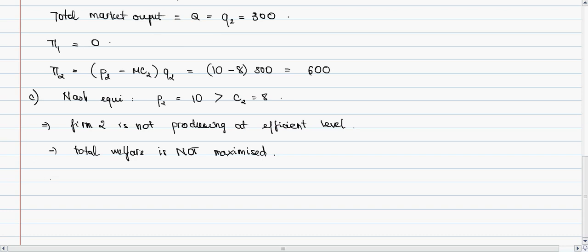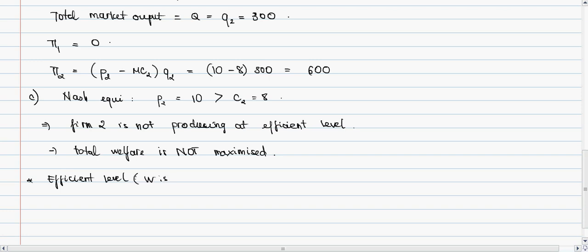Alright, so what is the point at which total welfare is going to be maximized? Okay. So like I said before, whenever the firm is charging a higher price than its cost of production, welfare is not maximized and the firm is not producing at an efficient level. So the efficient level is at which total welfare is maximized.